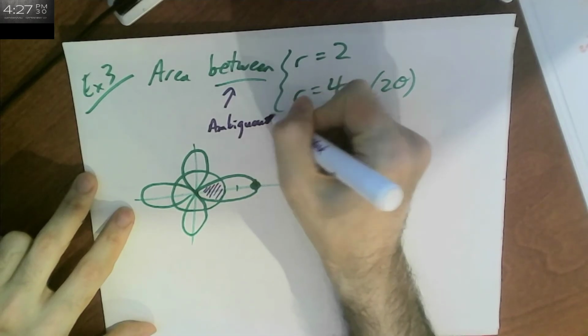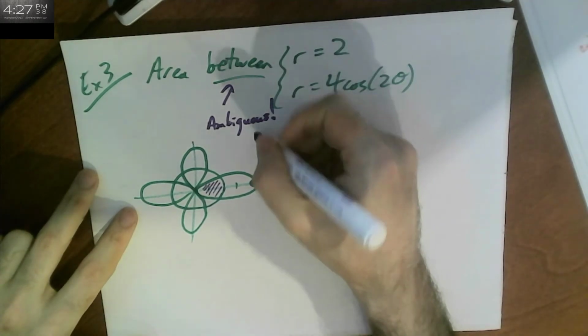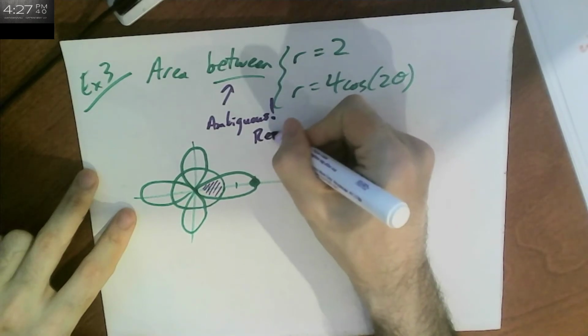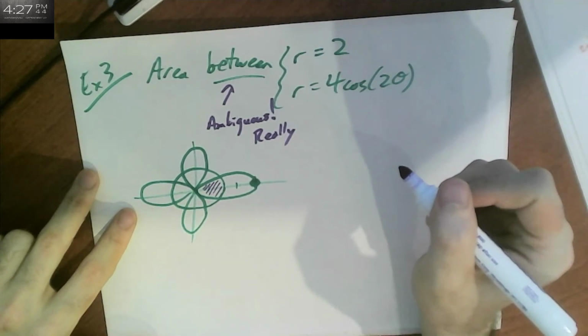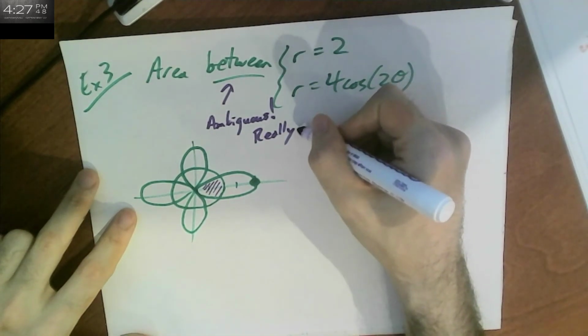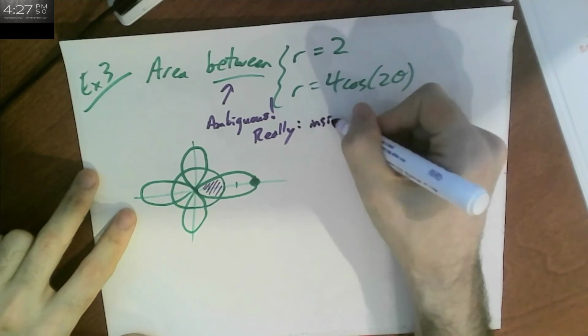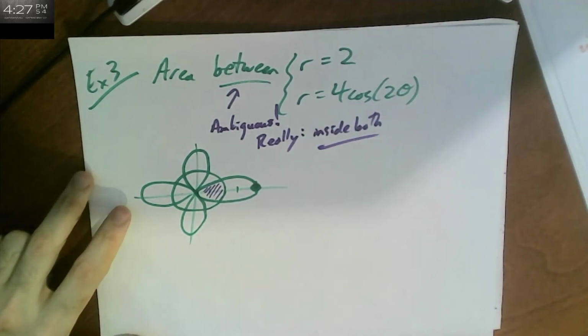It'd be better to say inside both. I have to be inside the circle while also simultaneously inside the rose. I use the term between because it's common for textbooks and problems to say between when really it's not a very good description. Really, we mean inside both right now. Okay? Just to be clear.